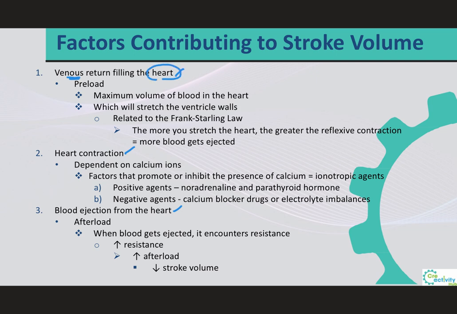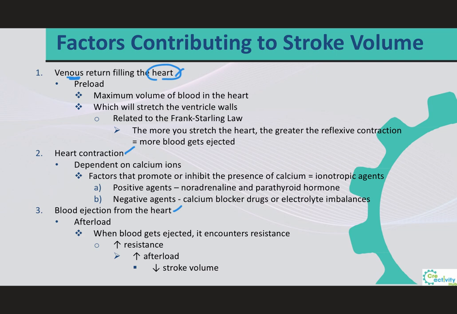More specifically, we can say that it will be filling up the ventricles passively. So the atrioventricular valves will be open and the blood that's coming in from the systemic circuit into the right ventricle will be able to fill up the right ventricle.